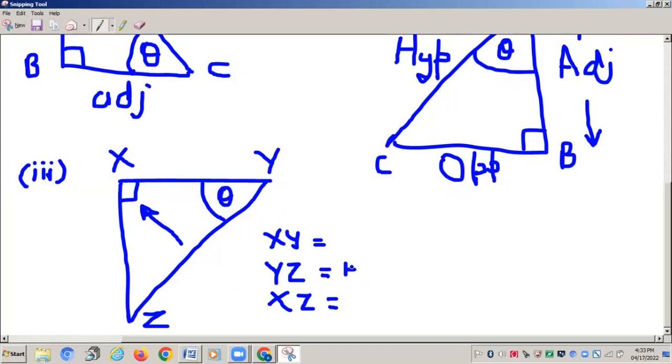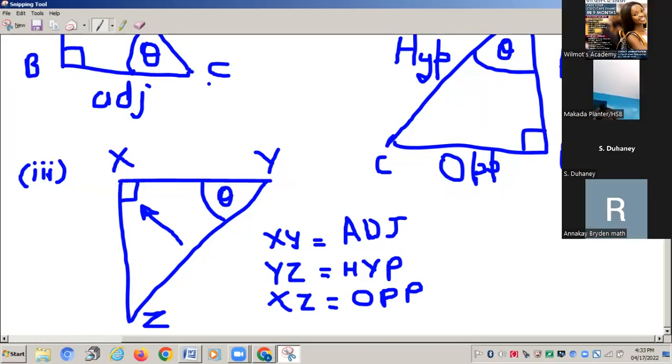So that's the hypotenuse. And the side that is between the right angle and the reference angle is called the adjacent side, ADJ. And obviously XZ will be the opposite side. Very good.